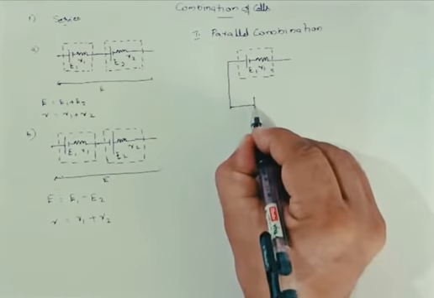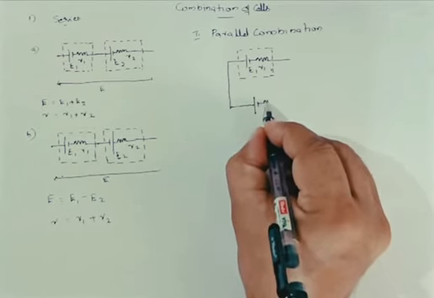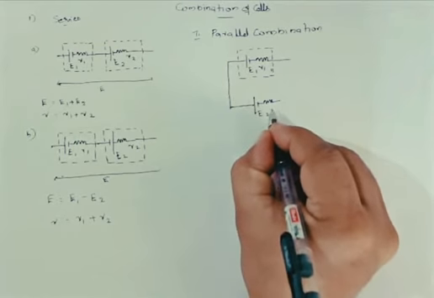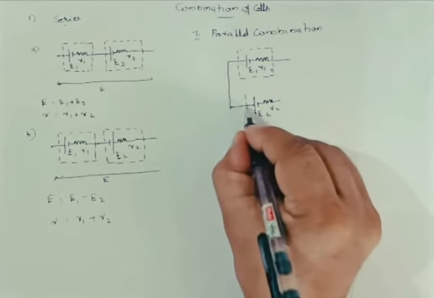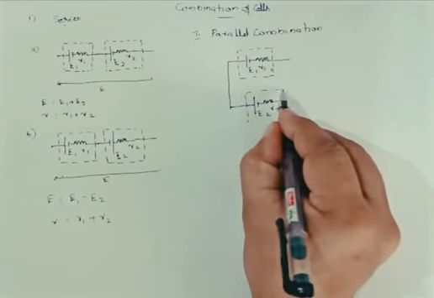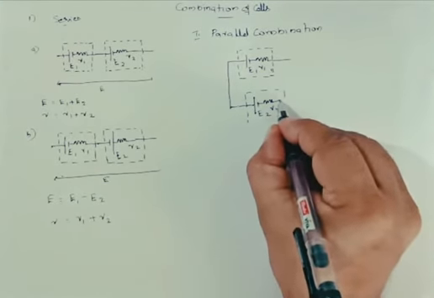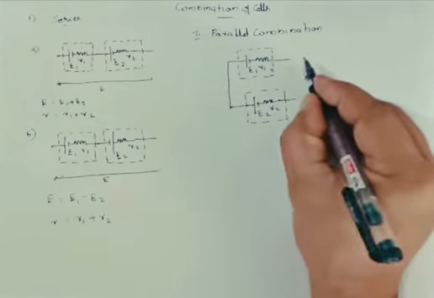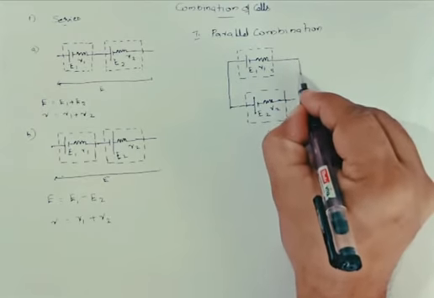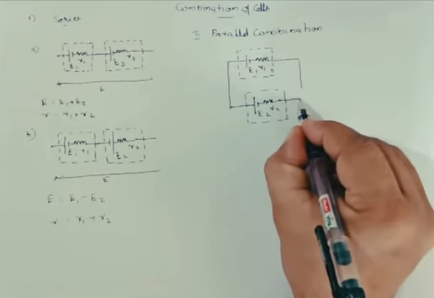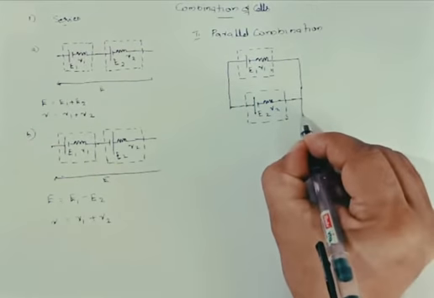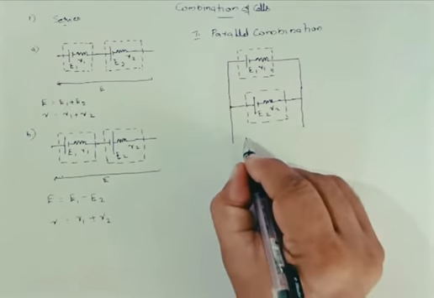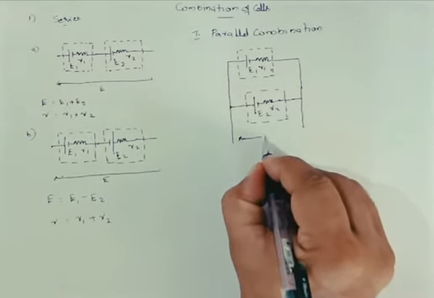The second cell with EMF E2 and internal resistance R2. We put it into a box. And you connect the two ends together so they are now in parallel. Positive ends are connected together, negative ends are connected together. They are in parallel now.